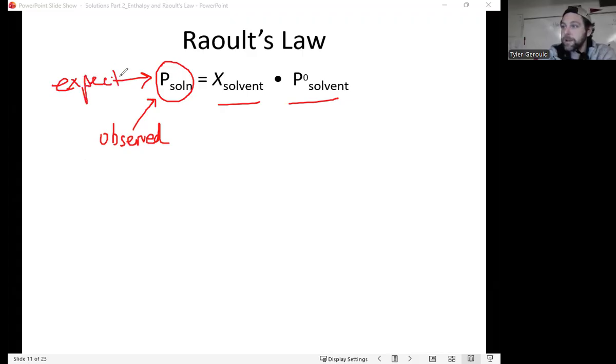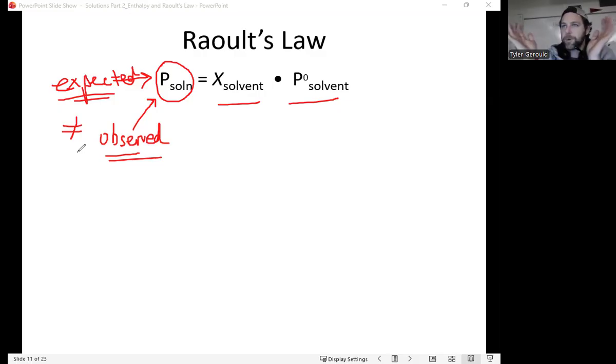And generally in the lab, what we'll do, or even in questions, we'll try and compare what do we calculate? What should we expect the vapor pressure to be? And then when we go ahead and measure it, what is the observed vapor pressure? These generally, in an ideal situation, should be equal to each other, but in most situations they don't. And the reason for that is any sort of additional interactions between the solvent and the solute, whether it's a stronger intermolecular attraction or a weaker one, could slightly change these vapor pressures.